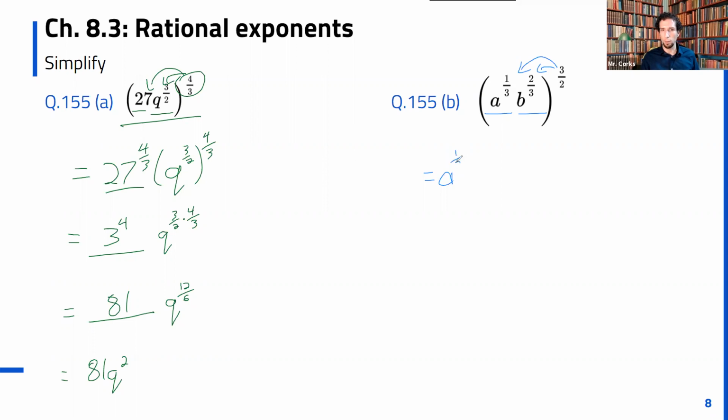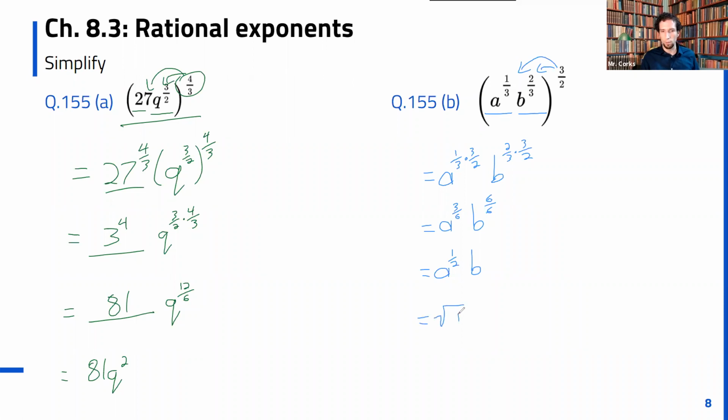So a to the exponent 1/3 times 3/2, and b to the exponent 2/3 times 3/2. We simplify: a exponent 3/6, and b exponent 6/6. So a to the exponent 1/2 and b to the exponent 1, just like that.